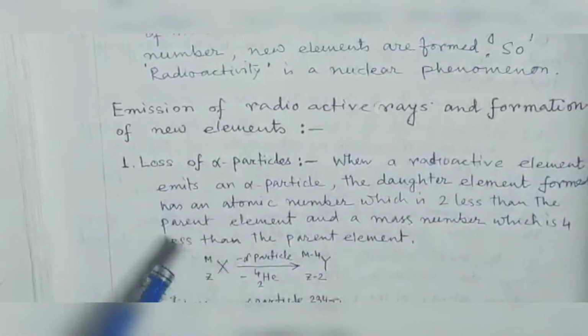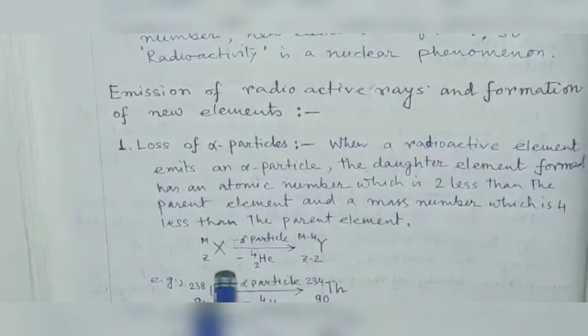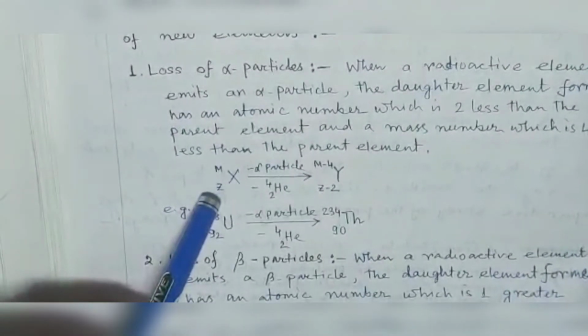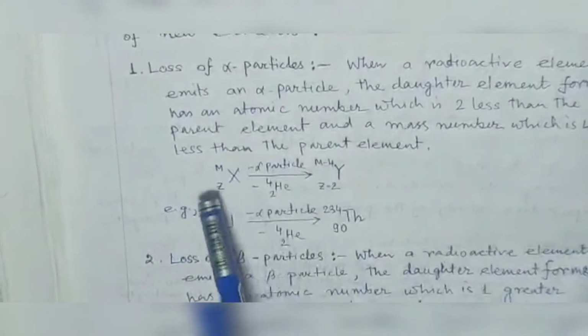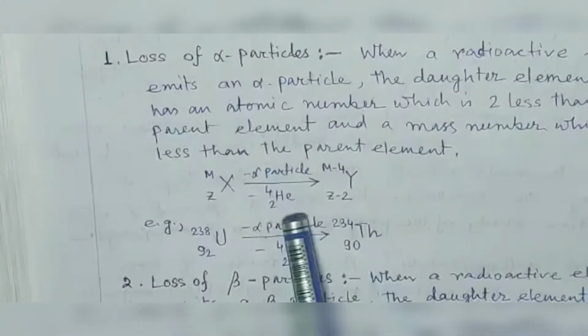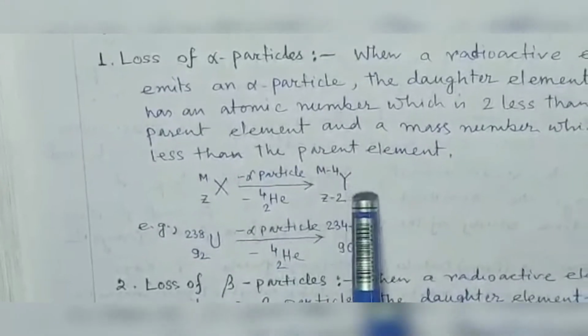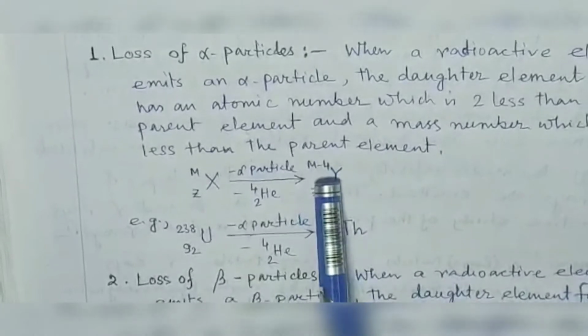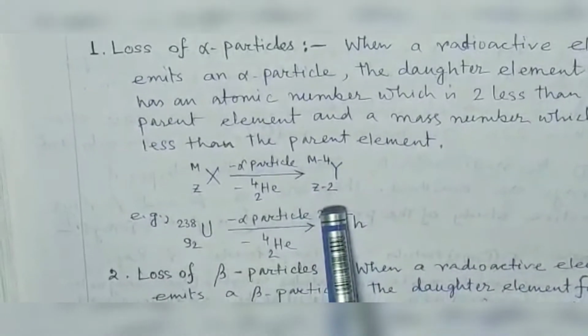For example, let X be a radioactive element whose mass number is M and atomic number is Z. When it emits an alpha particle, that is a helium double positive ion, it becomes Y, whose mass number is M minus 4 and atomic number is Z minus 2.